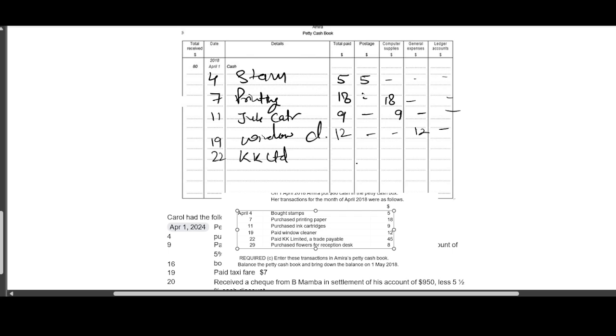Then you have to pay an amount to KK Limited. How much did you pay? You paid 45, so 45 here, and you paid it to KK Limited, so general ledger, general account. Then on the 29th you purchased flour, so flour 8, general expense 8, and from here you will find the difference.